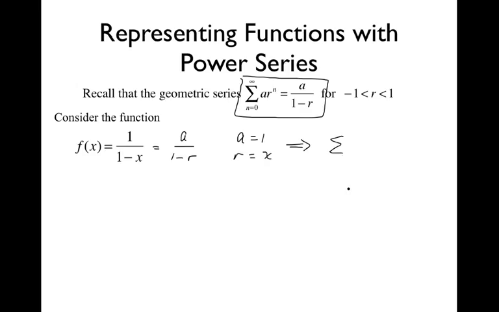If a equals 1 and r equals x, what series could I set up? It's 1 times x to the n, right? A is 1, r is x, starting at n equals 0.